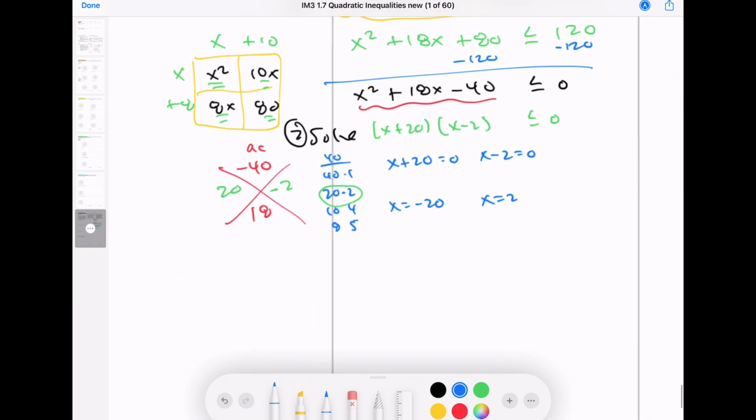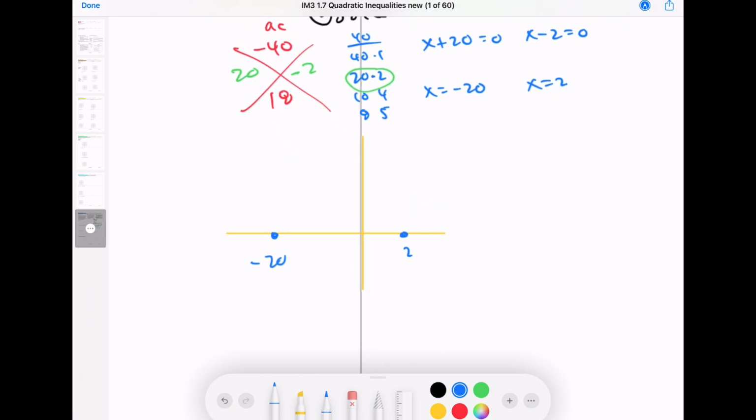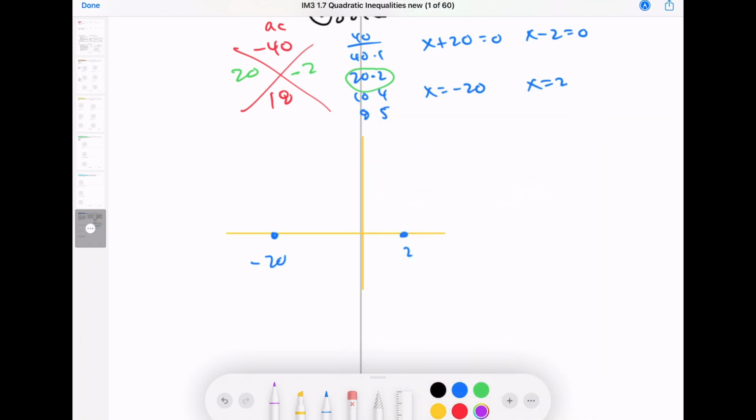So when I graph this, we'll have 2 and negative 20. And then this year, we learned to test this region.